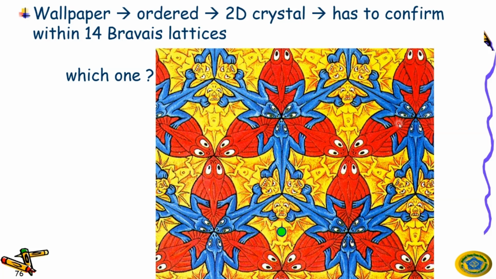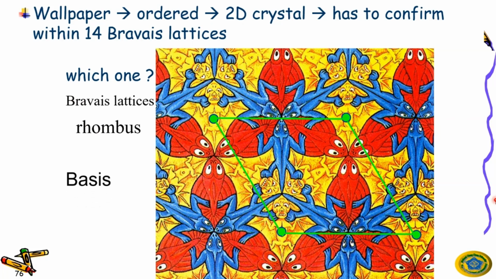So just to give you an example. You put it together, right? Okay, this is a unit cell. This is a rhombus crystal structure unit cell, and tell me the basis.